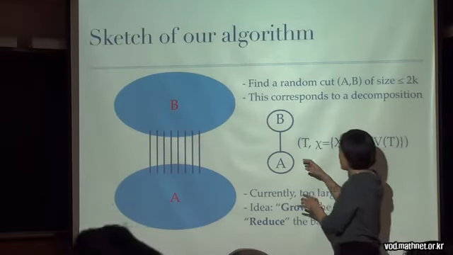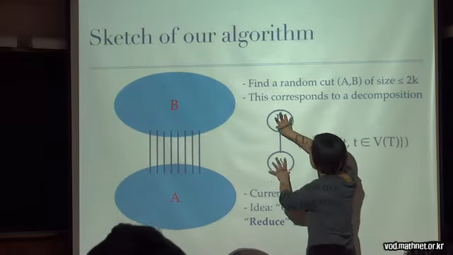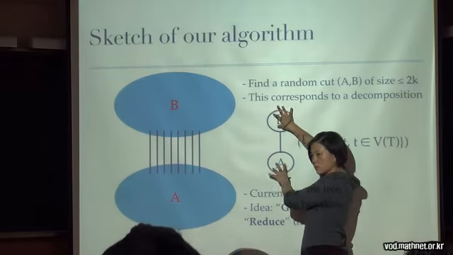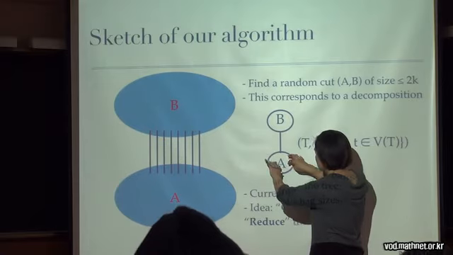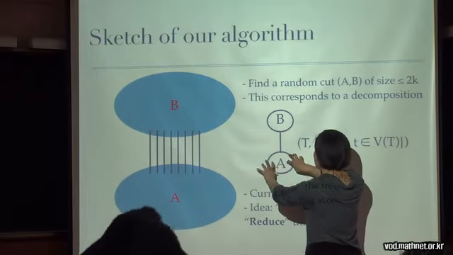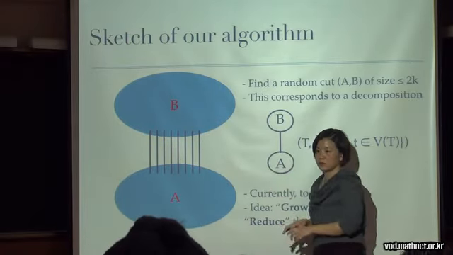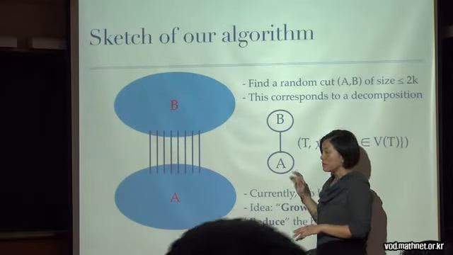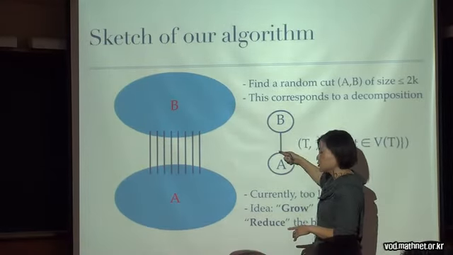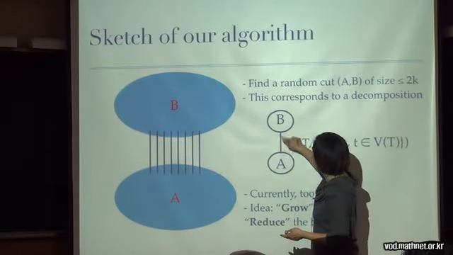And the idea is to grow this tree bigger and bigger. And while you grow the tree, the size of the bag will decrease and decrease, and throughout the whole process, the cut size at each tree node will be at most 2k. So here is at most 2k.